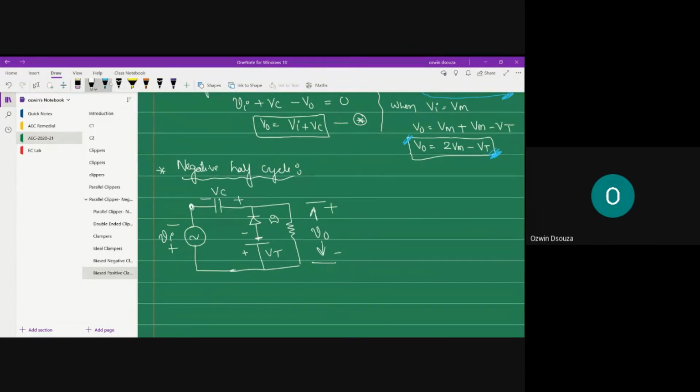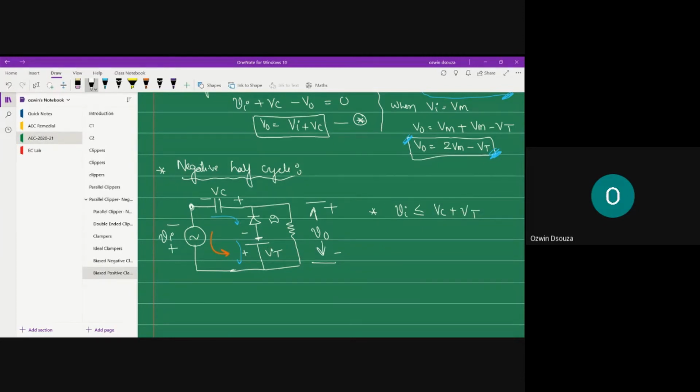So you can see in case of the negative half cycle that Vc and Vt are trying to circulate the current in clockwise direction, right? On the other hand, the input source Vi is trying to circulate the current in anti-clockwise direction. Nevertheless, the diode will be in off position. So I can write the condition like this: if Vi is less than or equal to Vc plus Vt. Why Vc plus Vt?